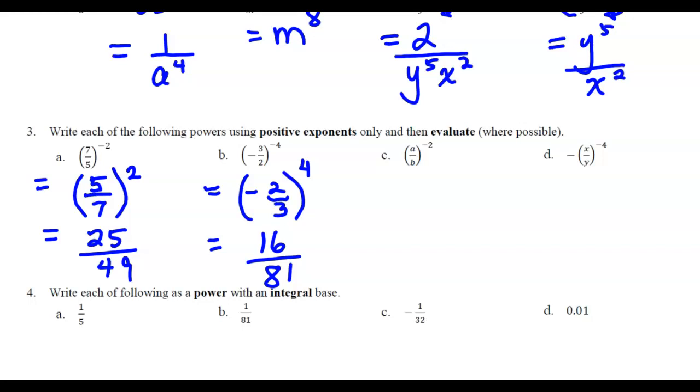Variables in there. To make that a positive exponent, we have to flip the fraction. And then that squared is applied to the numerator and denominator. Please make your exponent smaller than your base so I can tell what is an exponent and what isn't.